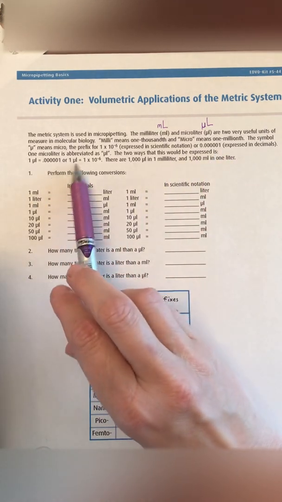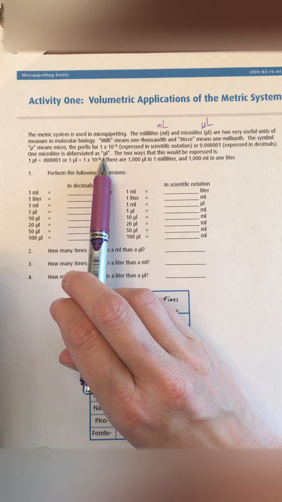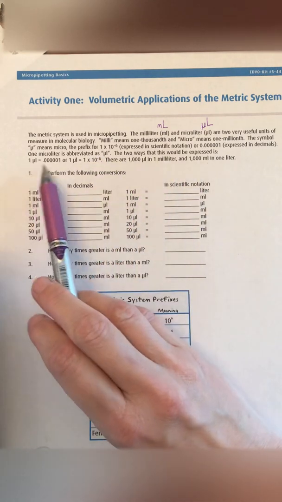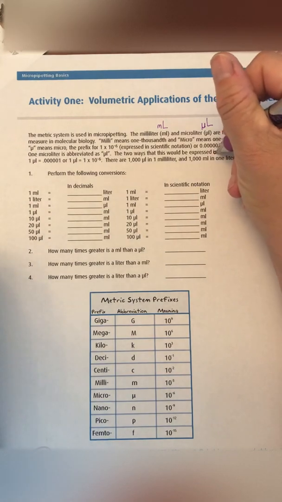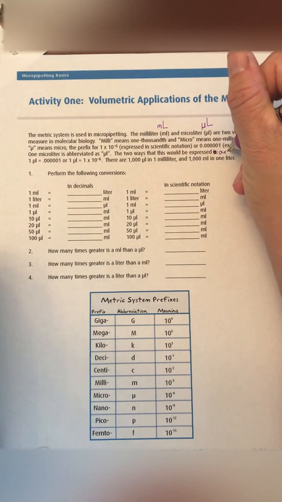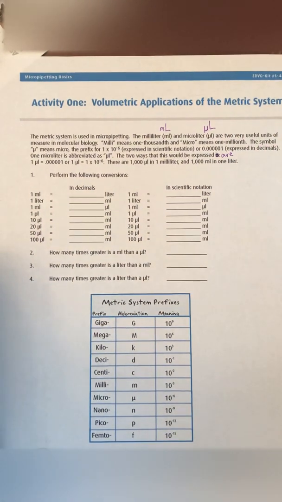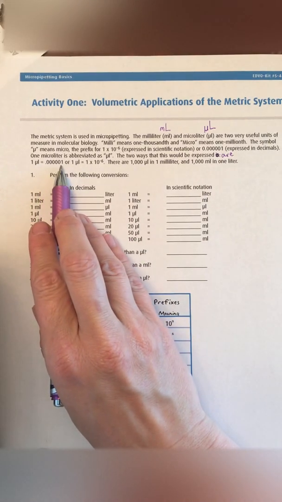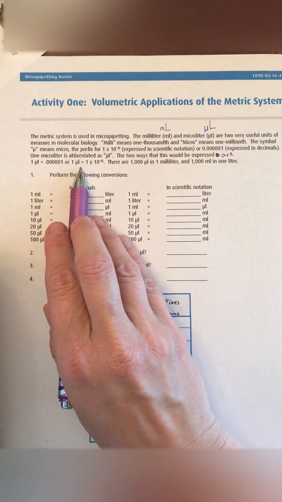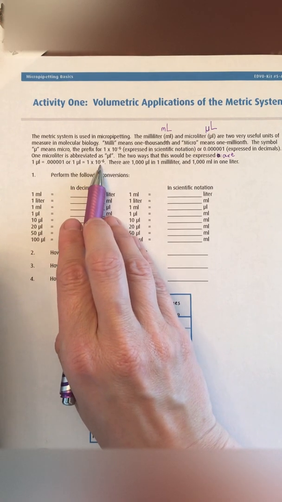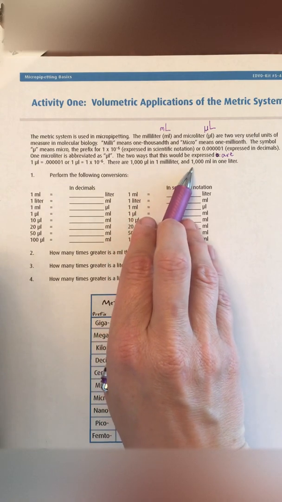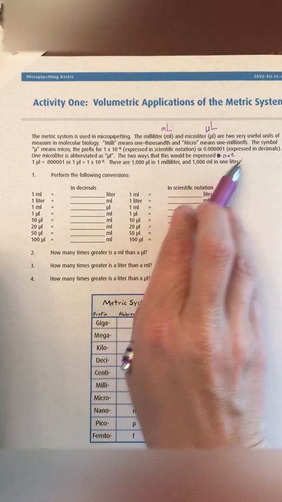One microliter is abbreviated as the little U looking thing, L. The two ways this would be expressed are: 1 microliter equals 0.000001, or 1 microliter equals 1 times 10 to the negative 6th. There are 1,000 microliters in 1 milliliter and 1,000 milliliters in 1 liter.